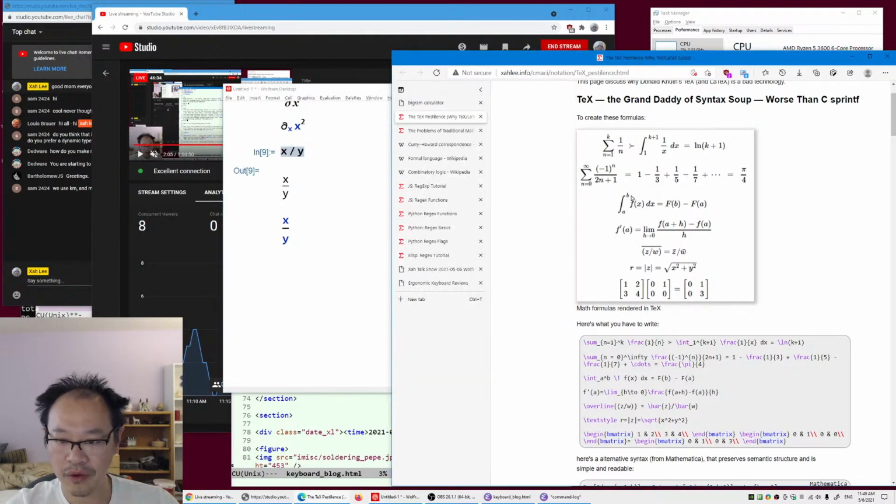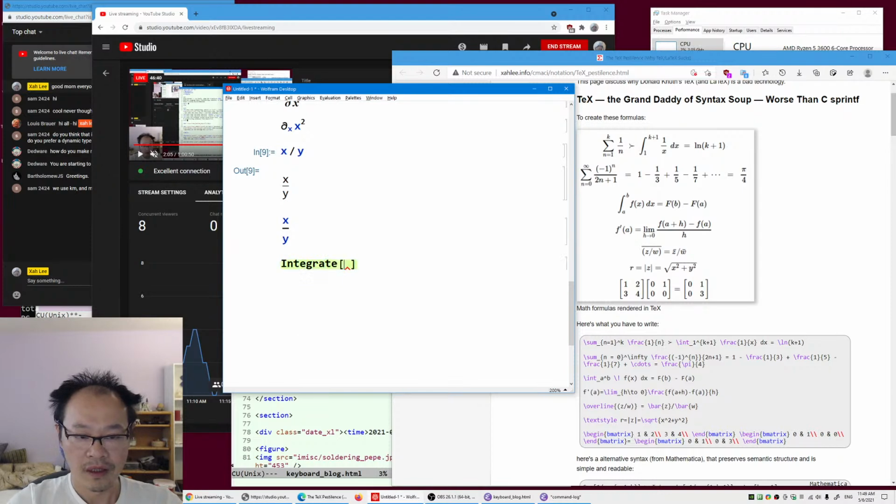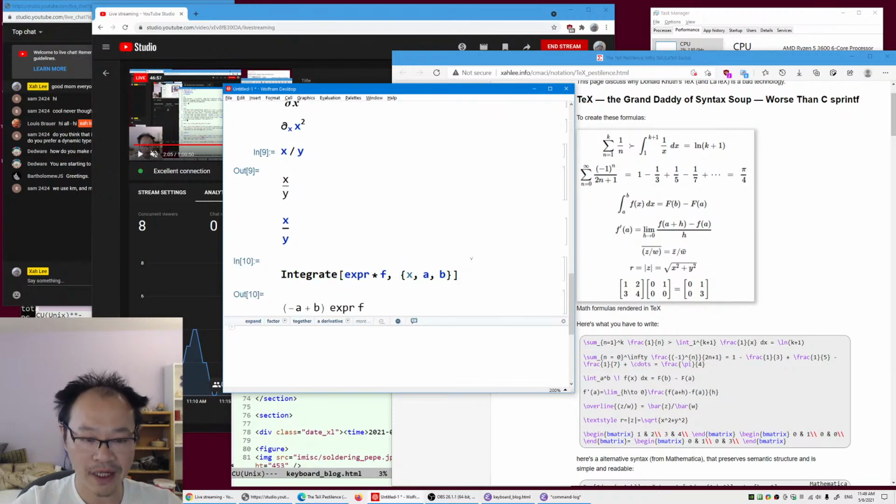So what about definite integral? Here's the example. Integrate some expression, this can be anything, times f or whatever. Then you say with respect to x, then from a to b, where a and b can be any other expression. Okay, so evaluate that.